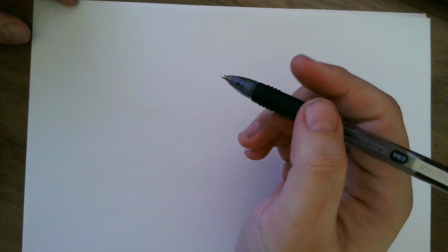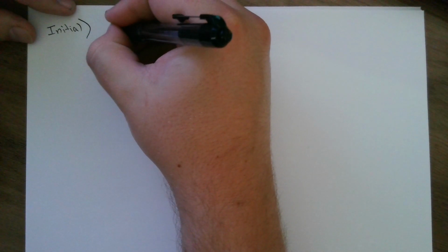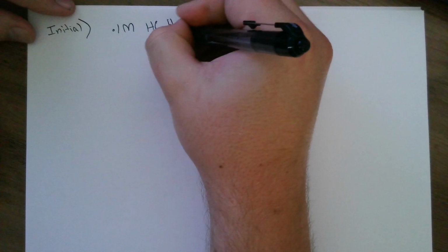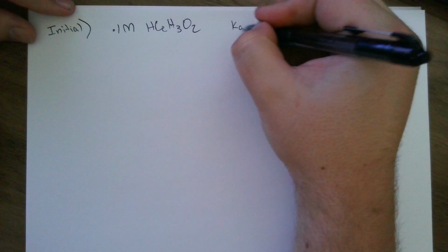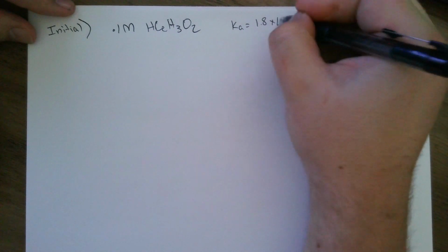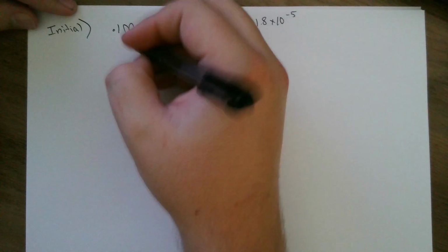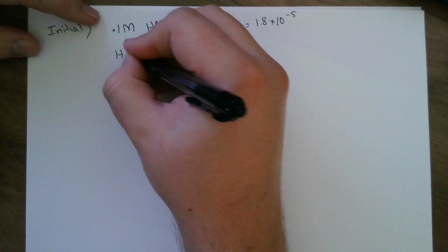Starting with initial. I want to know the pH initially. Well, I haven't added any base yet, so what I'm starting with is 0.1 molar acetic acid. I know its Ka is 1.8 times 10 to the minus 5. I'm going to find its pH. So this is just like last chapter.